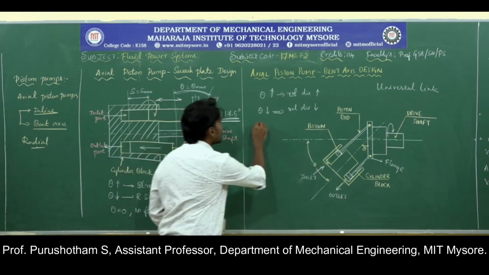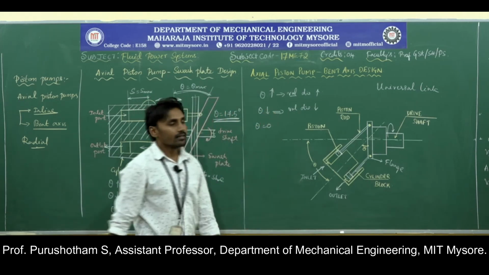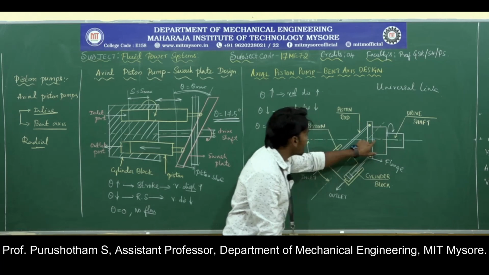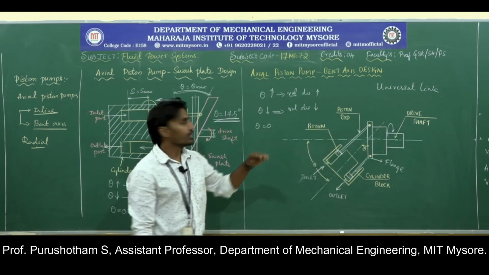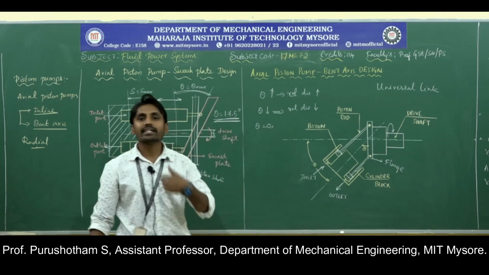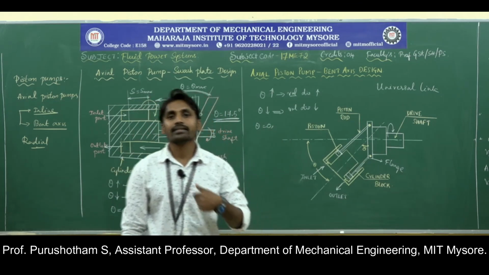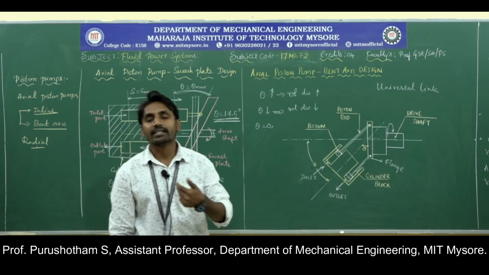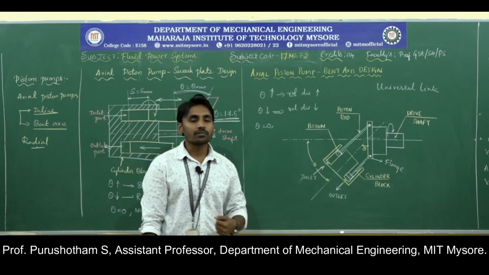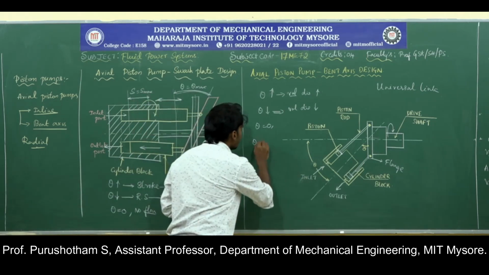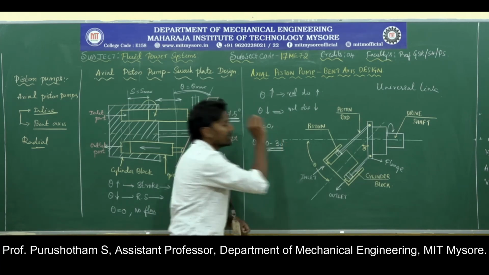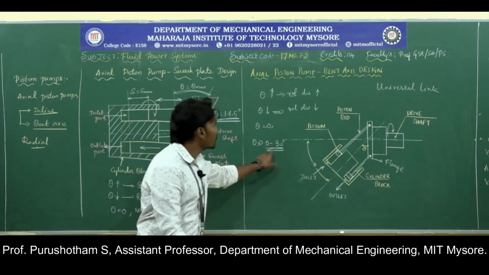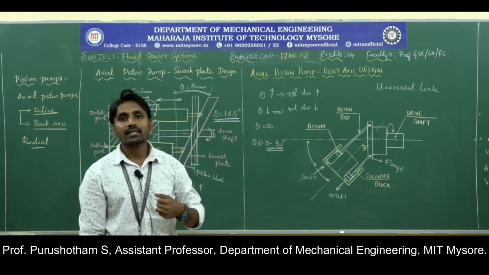If theta is 0, the axis of the driving shaft and the axis of the cylinder block are in the same line, so there is no flow into the chamber, no pumping action and no volumetric displacement. The angle theta can be varied from 0 to 30 degrees in the bent axis design.